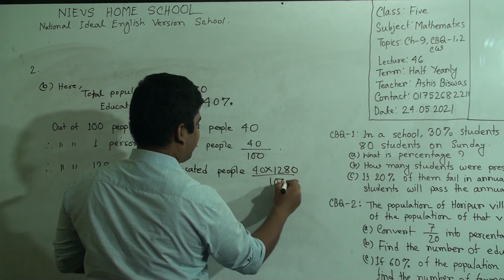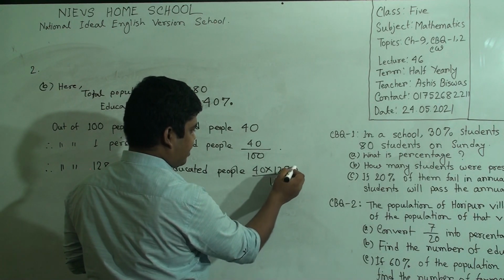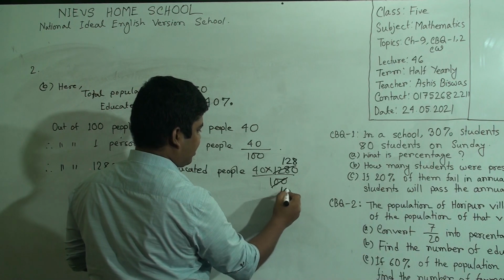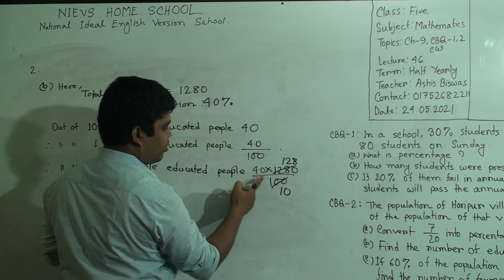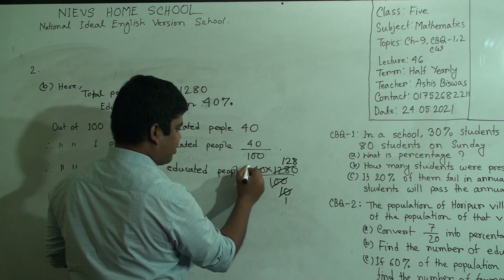1280 divided by 100. Now we cut this number by 10 and this number by 10 and we get 128, and if we cut then we get 10. Now we cut this 40 by 10, and we get 4.